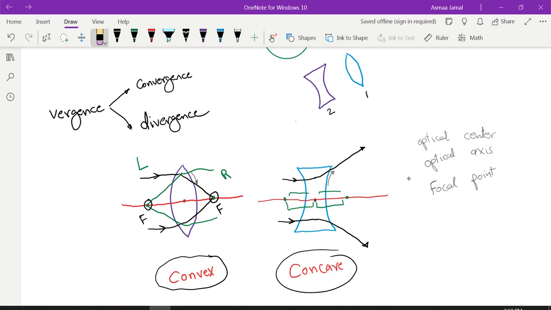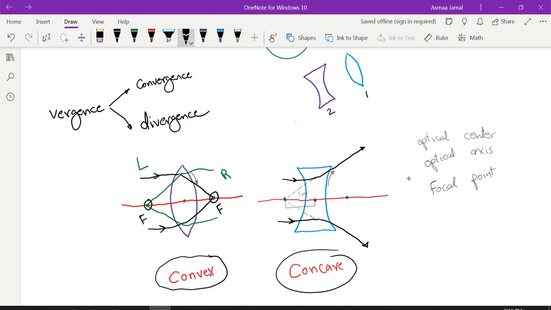Okay, perhaps you're wondering, in divergent lenses, how can we know where the focal point is if the light deviates away from the optical axis? So you can complete this one here like that, and immediately you will find the focal point in the concave lens. Here, let's say the distance between the focal point and the optical center is 1 meter.